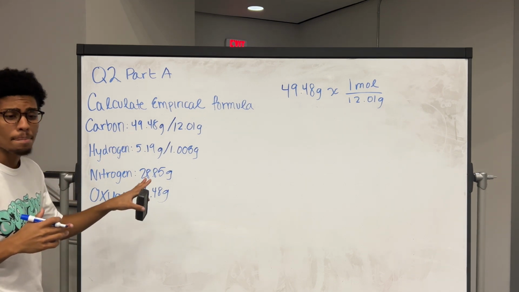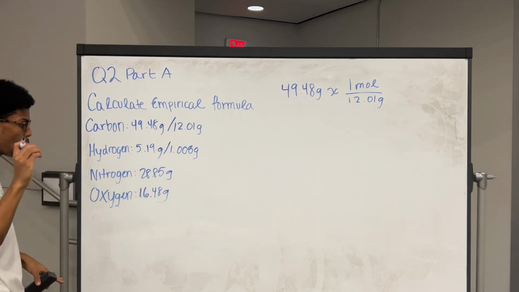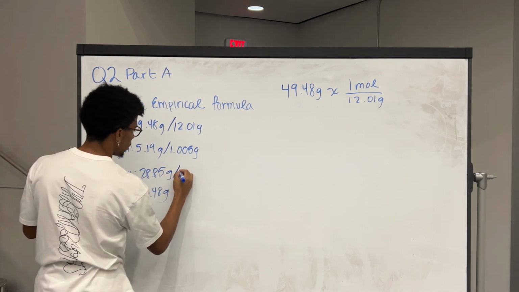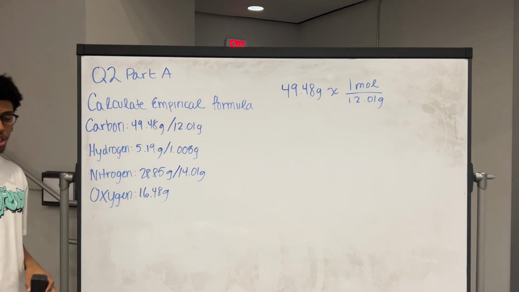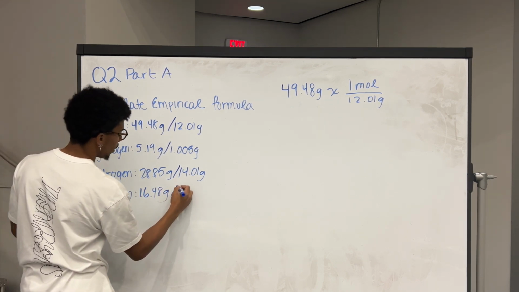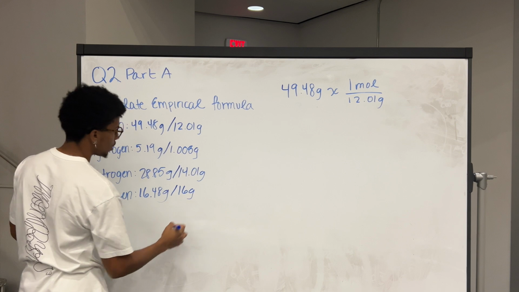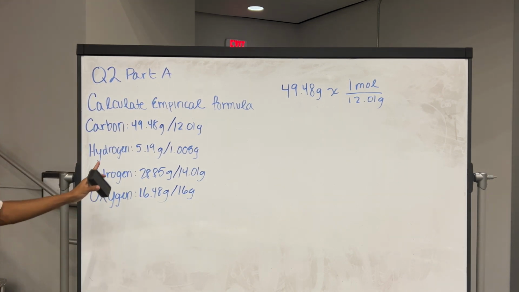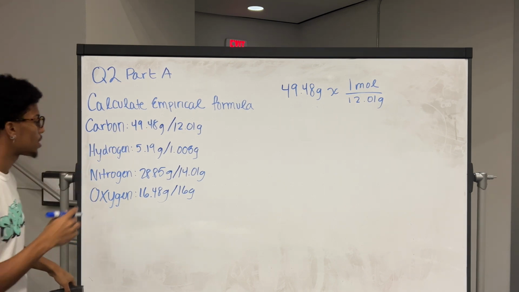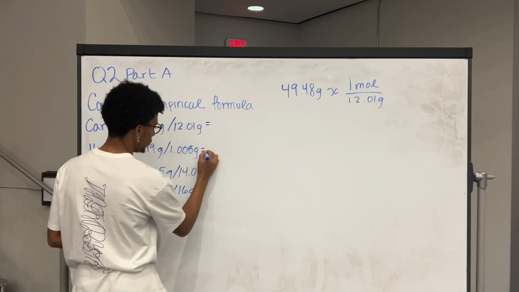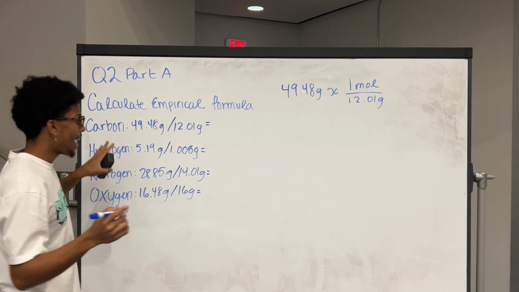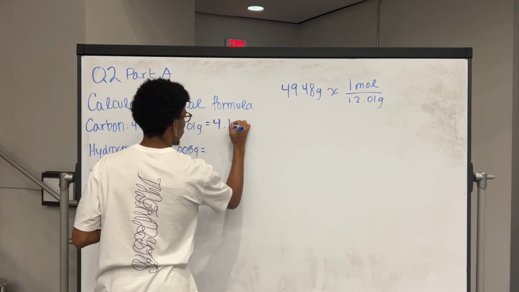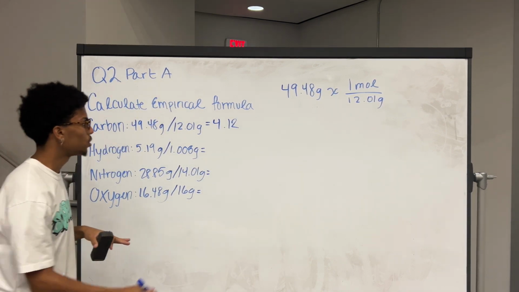Nitrogen has a mass of 14.01 grams, and then oxygen has a mass of 16 grams. So when you plug this into the calculator, it's going to give you the number of moles of each of these elements. So for carbon, we're going to have 4.12 moles.